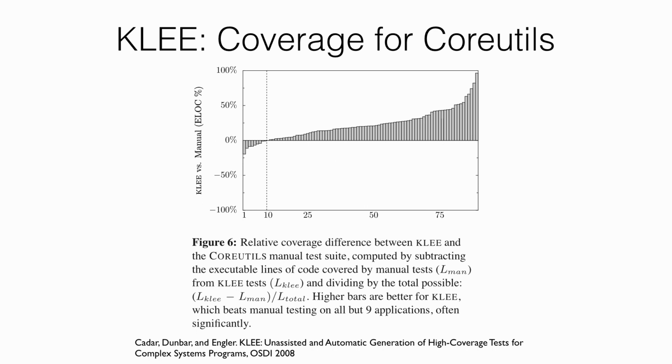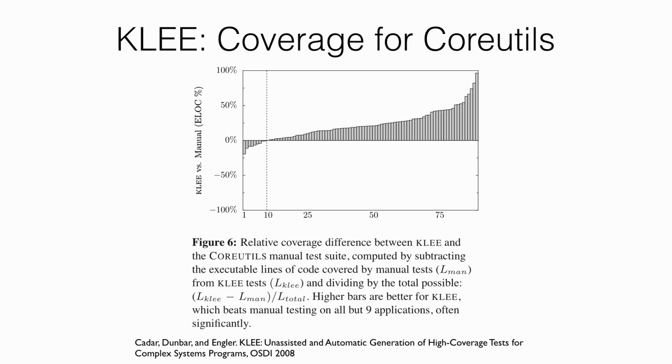Looking at how KLEE actually works, in the original KLEE paper, published in 2008, they applied KLEE to Coreutils, which is the suite of small programs that runs on Linux and Unix distributions. So these are programs like mkdir and paste and sed and ls and things like that. What this graph is showing is the amount of coverage from KLEE-generated tests compared to the manual test suite that comes with Coreutils.